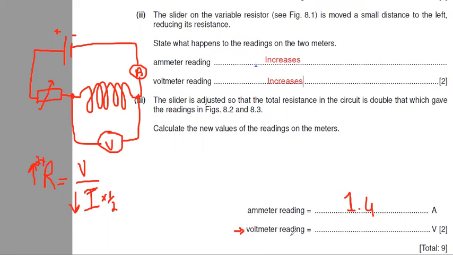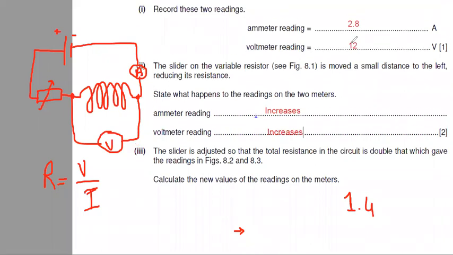In order to answer this question, there are a lot of ways we could solve it, but we will solve it using a simple way of getting the resistance of this coil, using the information that we already have. When the current was 2.8, the voltage across this coil was 12. So we will use Ohm's law to get the resistance of this coil.